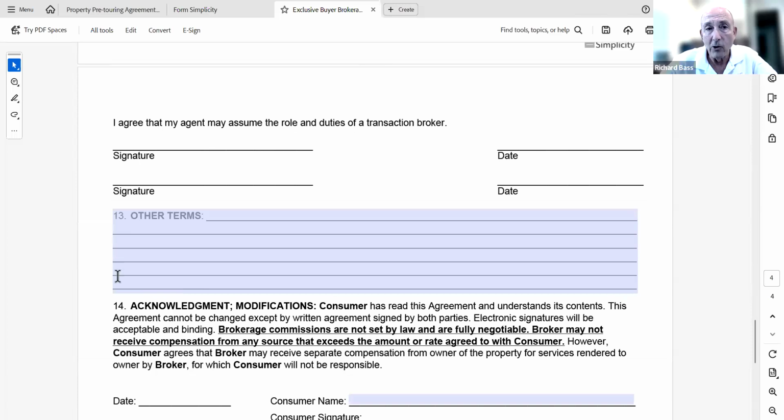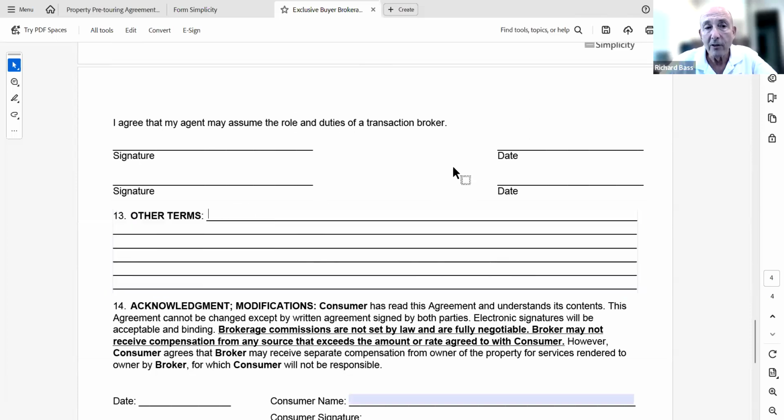Okay. They're agreeing here. Other terms, what I would write in here, this doesn't apply to Aventura, you guys are kind of standalone, but I would write in that buyer agrees to be pre-qualified with Supreme Lending. Or you can write in there, buyer agrees that Title Alliance shall handle the closing. In Aventura, it's going to be Ariana who will handle the closing, or we don't have a lender relationship there.